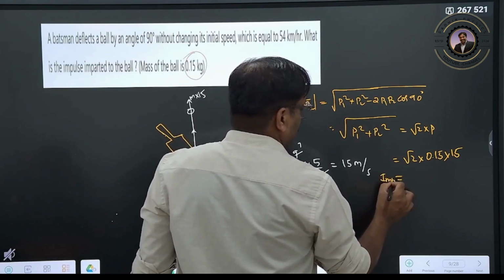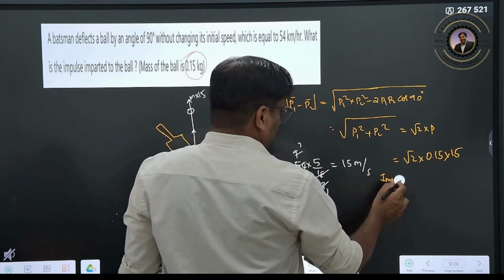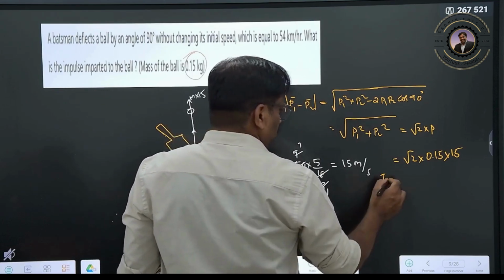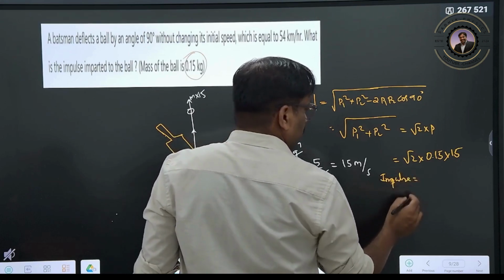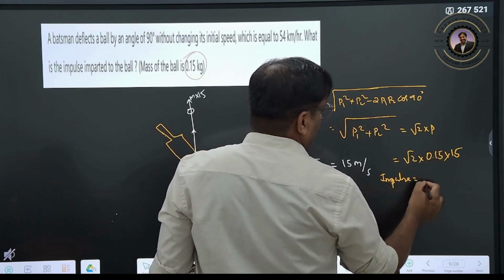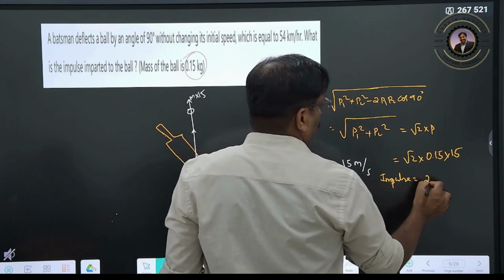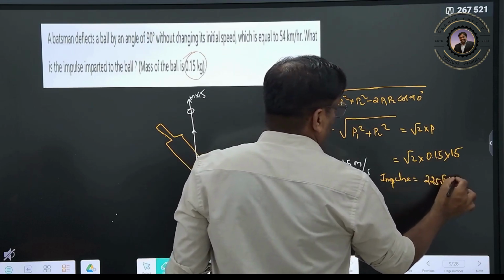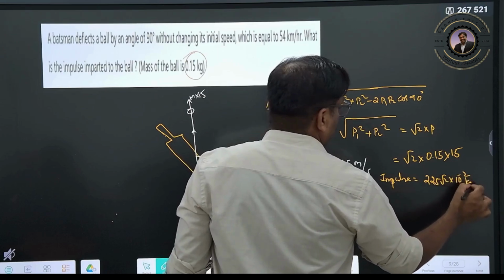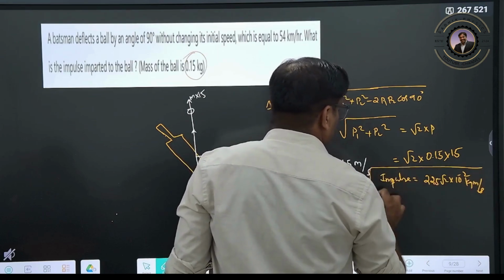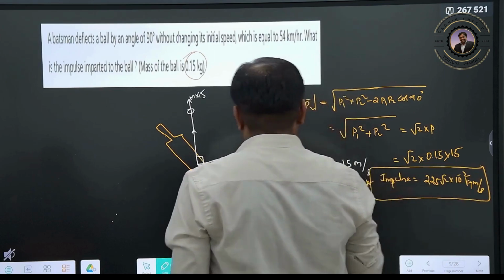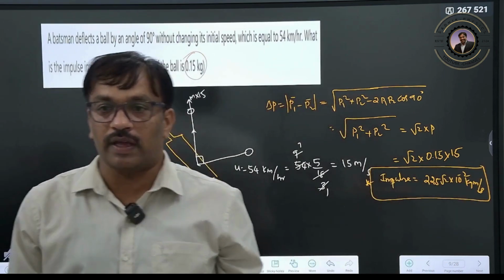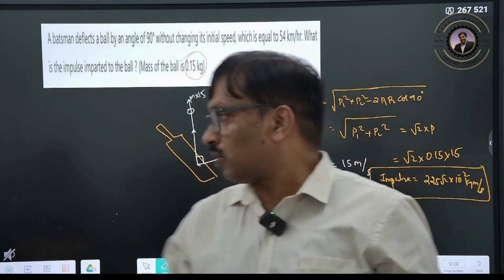Impulse is nothing but 15 15s are 225, so root 2 into 225 into 10 to the power of minus 2 kg meter per second. This is your impulse. Clear? In this way you can solve the problems related to this.